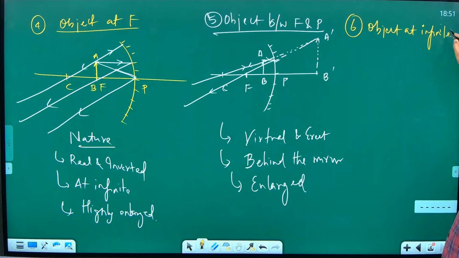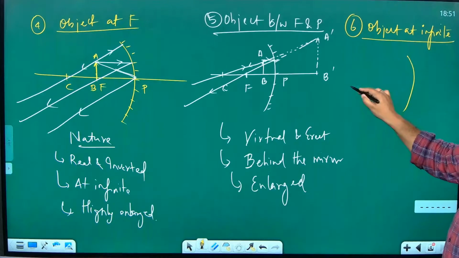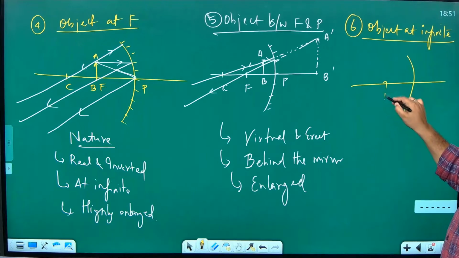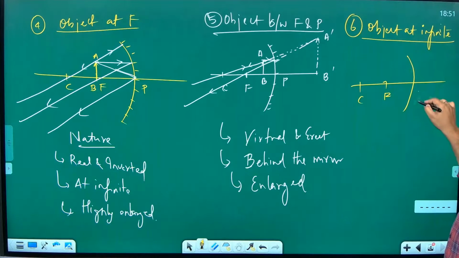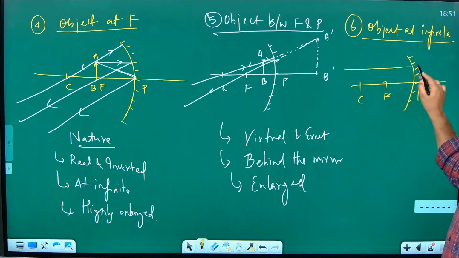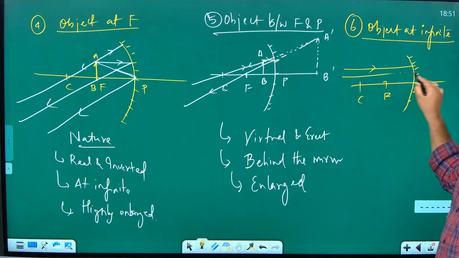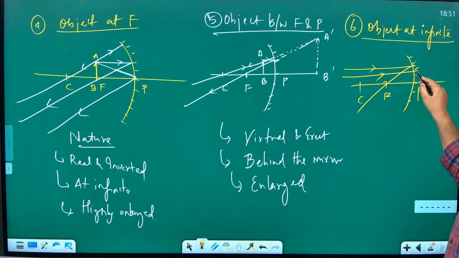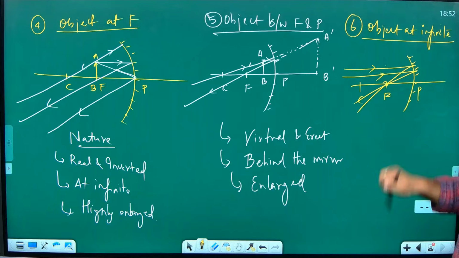Let us see what happens. So I am going to place the object at infinite. Then you are going to have rays coming from infinite, which means parallel rays. So I will take any two rays. One ray is coming like this, another ray coming like this, parallel rays. Where will they meet? They will meet at the focus itself.